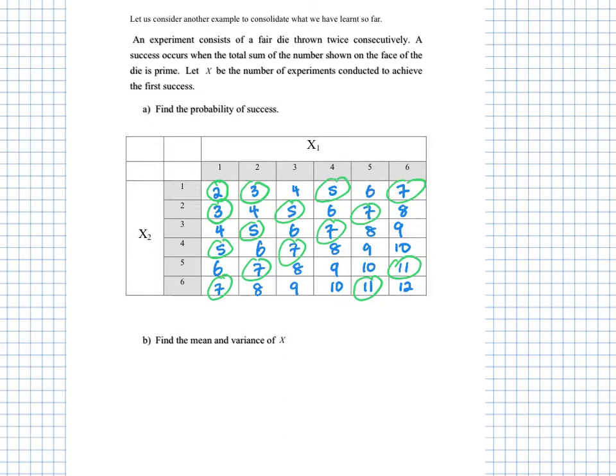The total number of primes is 15 of them. So the probability of success is equal to 15 divided by 36, which is 5 over 12.